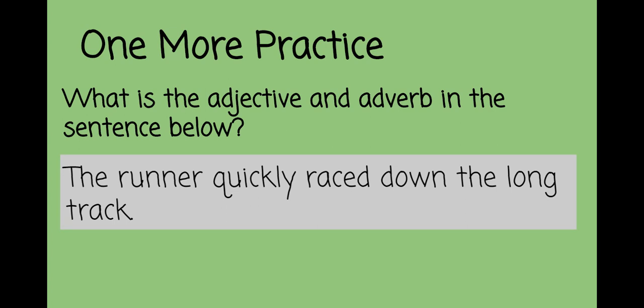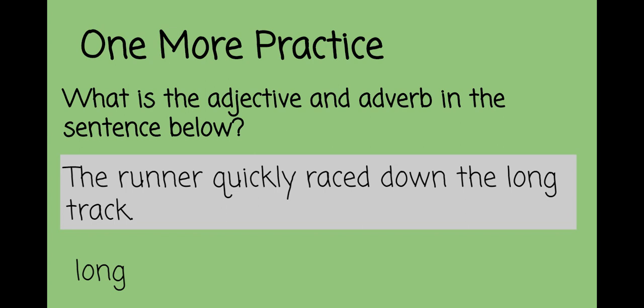Track is a noun. So what word is talking about one of those nouns? Then the verb in the sentence. Raced is the verb because that's an action. And remember, the adverb talks about the verb. So think about how I raced. Let's look at our answer choices first.